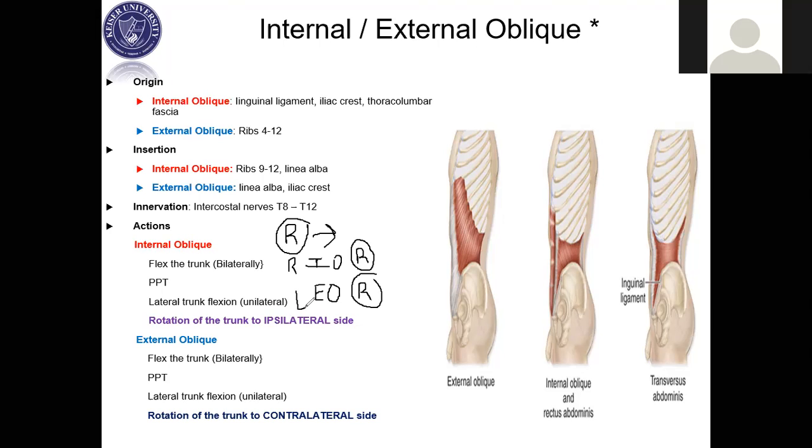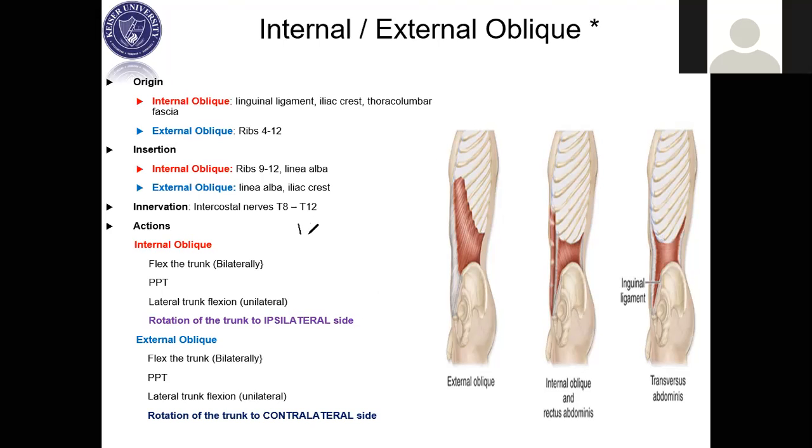If I'm rotating to the right, it is my left external oblique that contracts, because the external oblique rotates to the contralateral side. It goes to the opposite side. Very confusing, I understand.